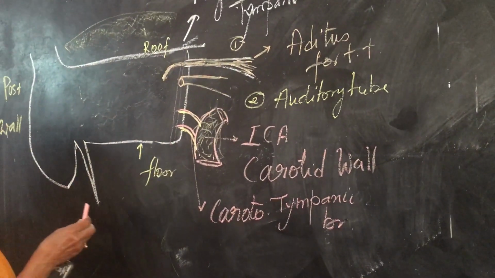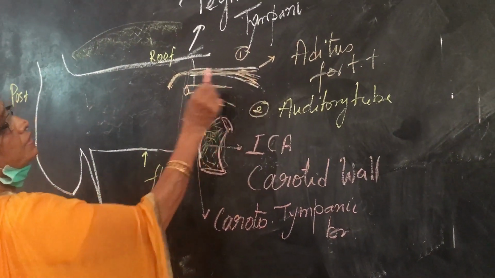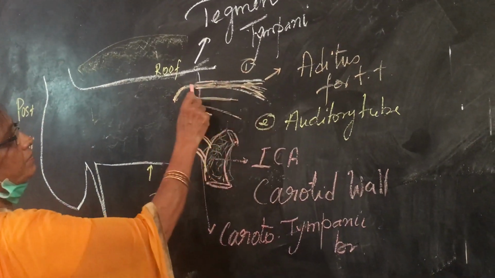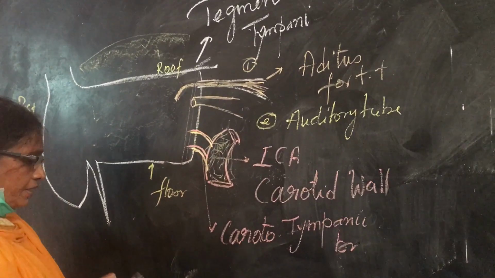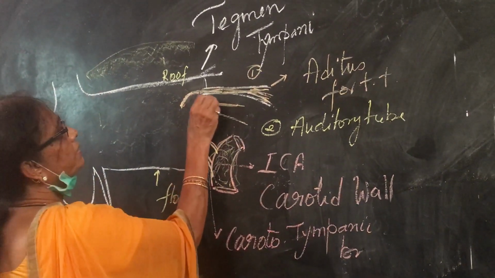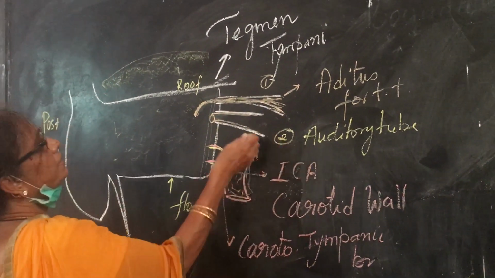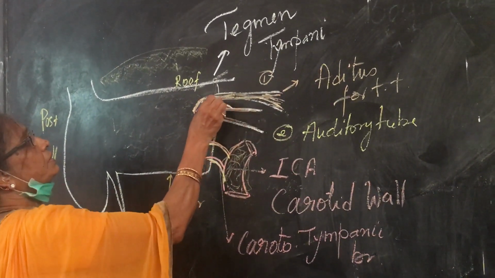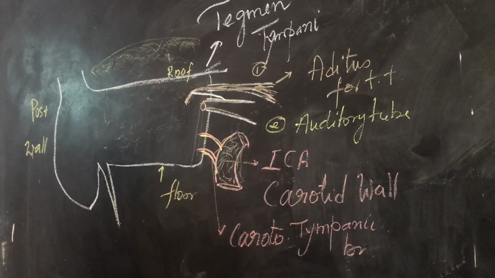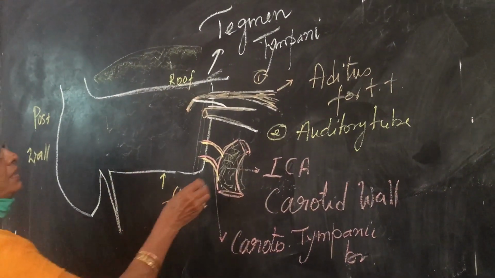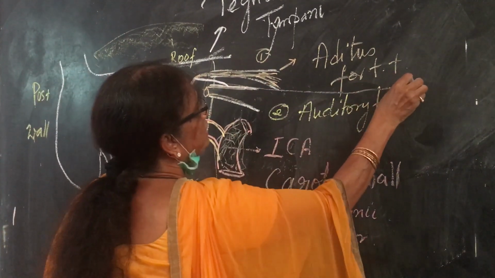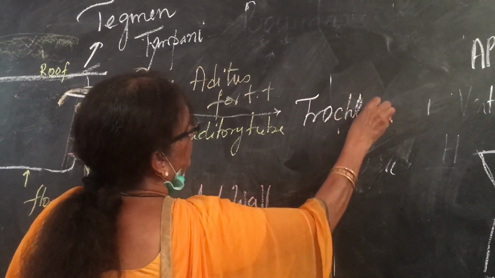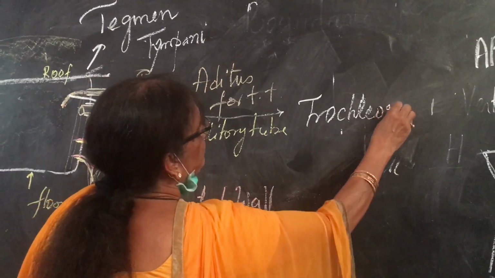Anterior wall is formed mainly by the additus of the tensor tympani muscle. Then auditory tube. Auditory tube is bounded by bony portion. There is a small projection from the bony portion to the tendon of tensor tympani. This projection you call trochleariformis.